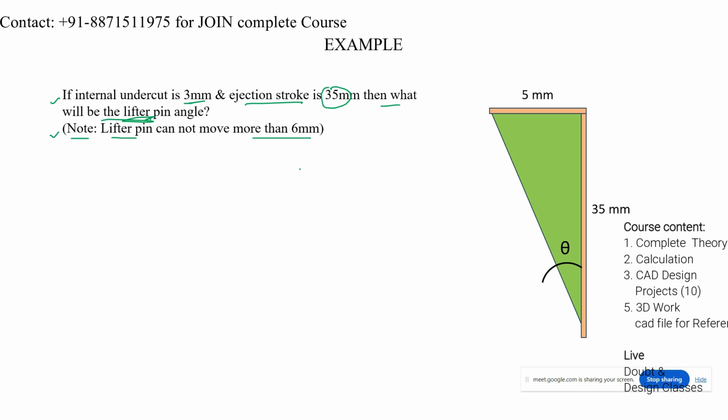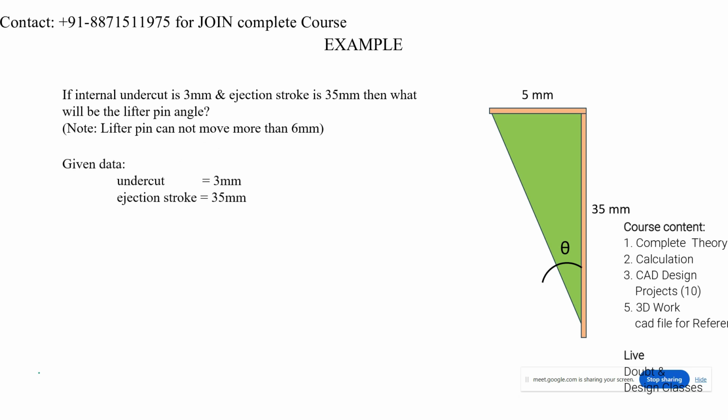Yes, maybe the lifter pin can touch another lifter pin. For example, if a component has an undercut here and here also, and we are using two lifters, both can touch each other. If they touch, they can be damaged also. So the lifter pin cannot move more than 6 mm. Is it clear? This is the note.